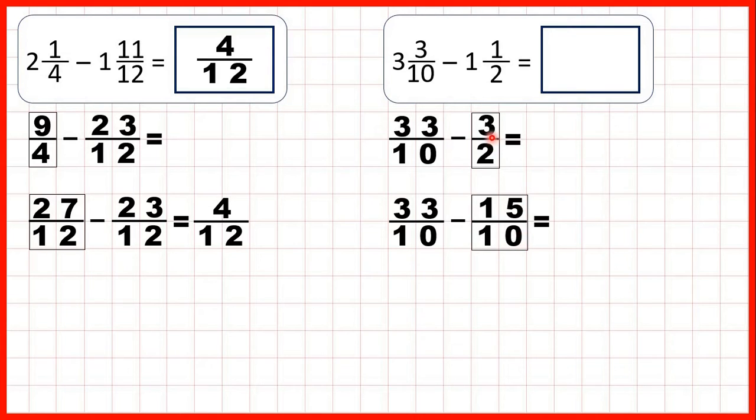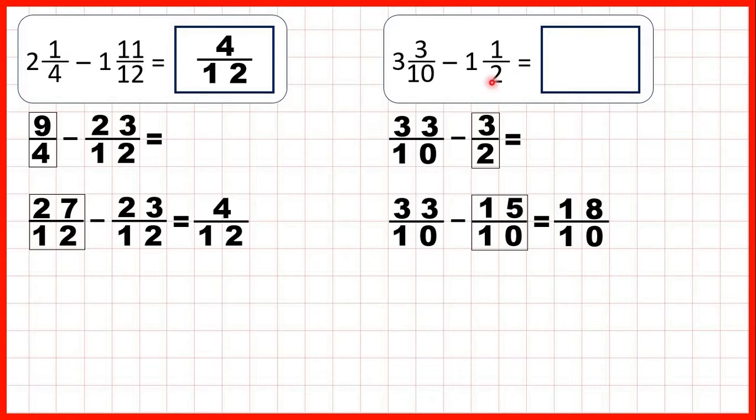That's equivalent to 3/2 because 2 times 5 is 10, and what we do to the denominator, we do to the numerator, and 3 times 5 is 15. So now we have a common denominator, so the denominator stays the same in our answer, and 33 minus 15 is 18. So as an improper fraction, our answer is 18/10.